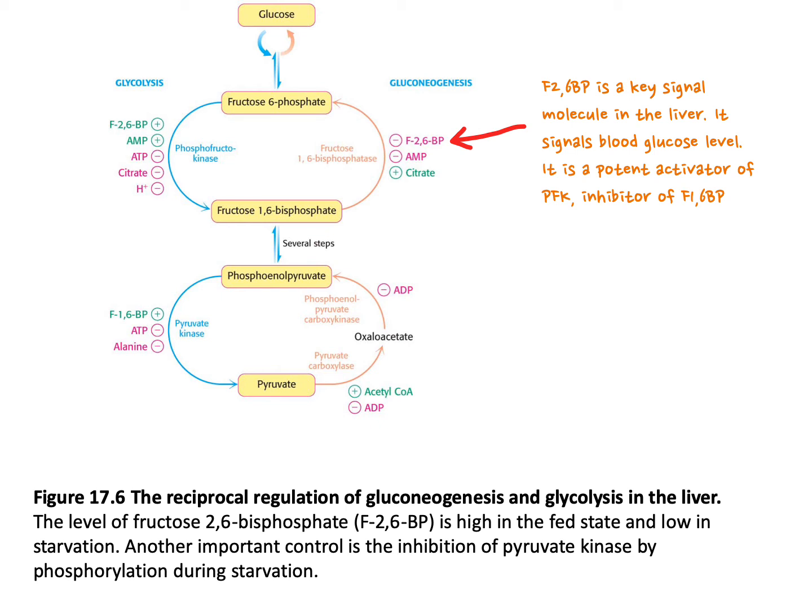The level of fructose 2,6-bisphosphate is high in the fed state and low in starvation. F26BP is a key signal molecule in the liver. It signals the blood glucose level. It's a potent activator of PFK and an inhibitor of F16BP.